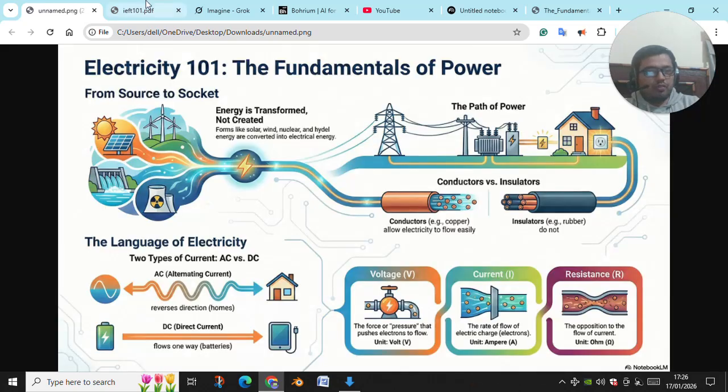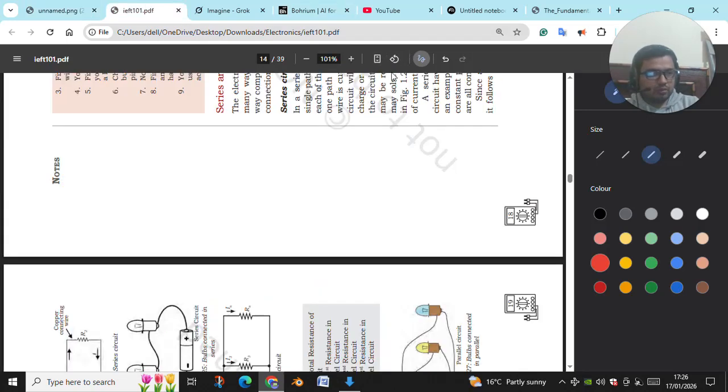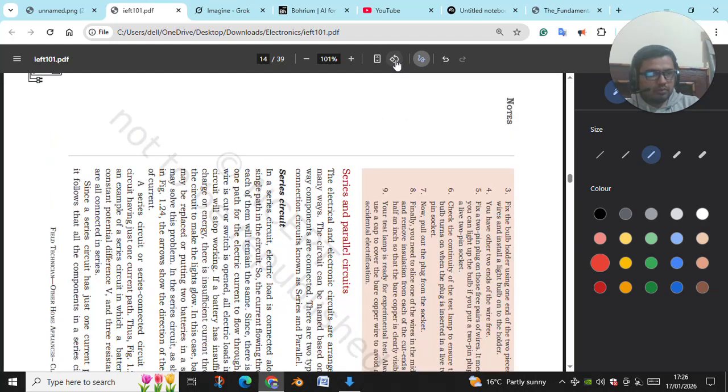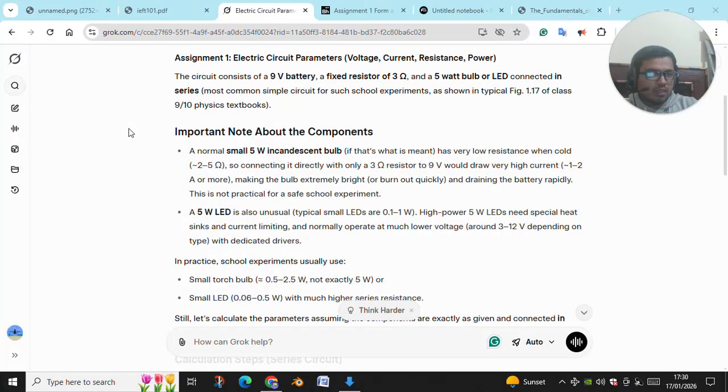And we have some assignments related to this. Now we move to our first assignment, which is related to electric circuit parameters: voltage, current, resistance, power.